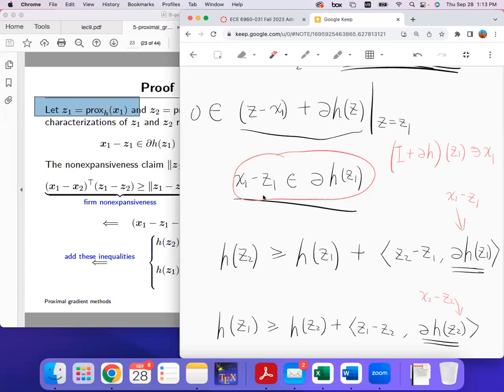If we rearrange these terms, move Z1 to the right-hand side, we have I plus the subdifferential of H at Z1 contains X1. This is another nonlinear inclusion equation. It's the identity operator plus the subdifferential operator of H. The sum of these two operators acting on Z1 will contain the point X1.